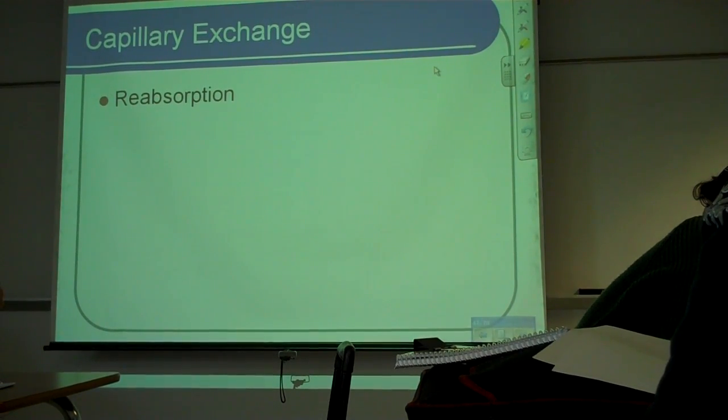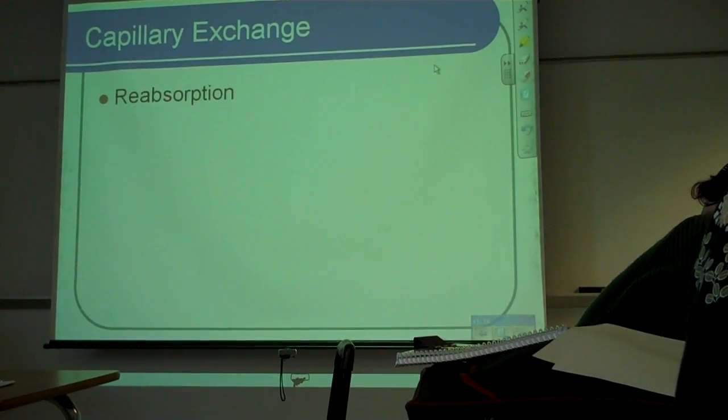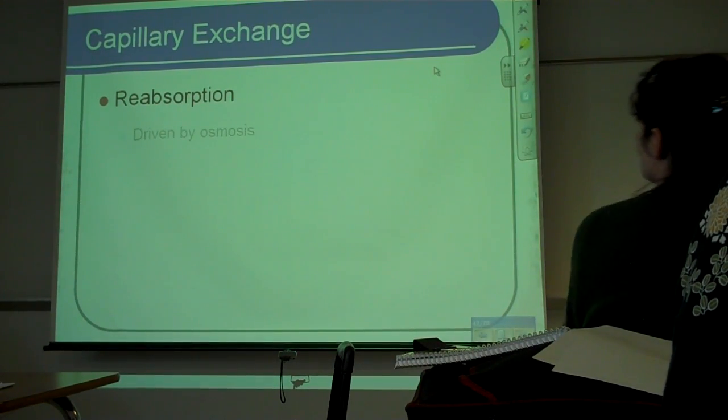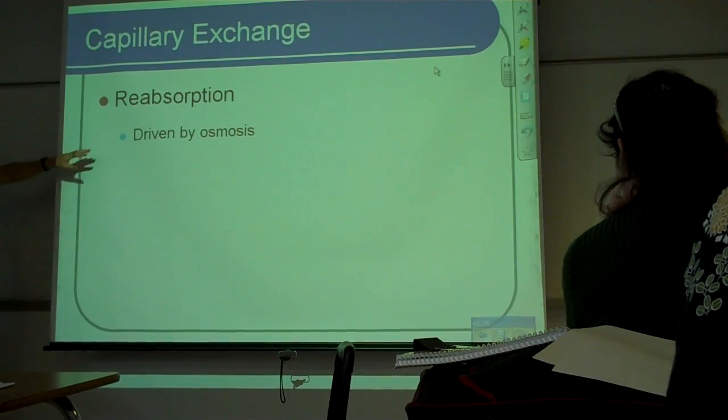CHP. But reabsorption is perhaps the harder part because that's the drawing or sucking of fluid back into the circulation, I'm going to put it that way, due to a greater osmotic pull on that side. So it's driven by osmosis.